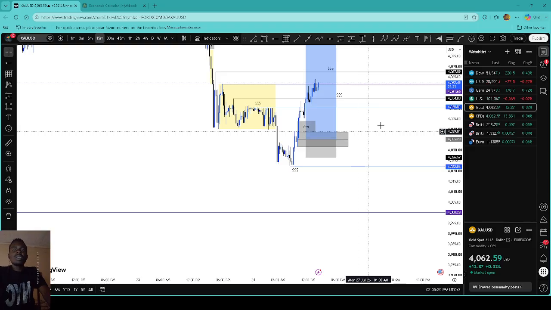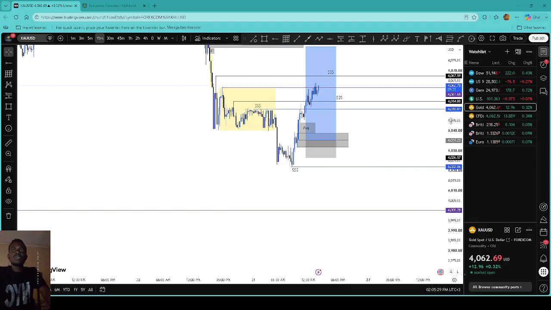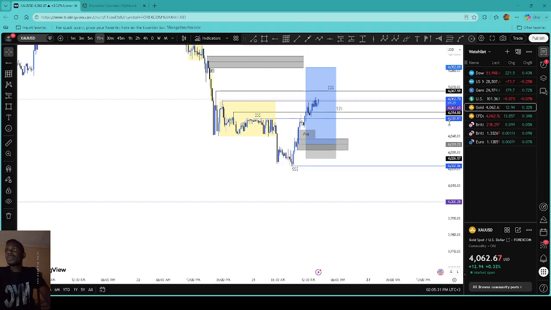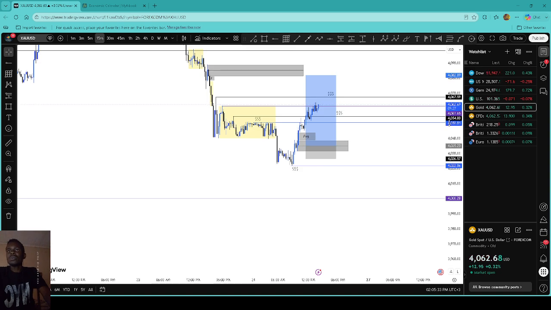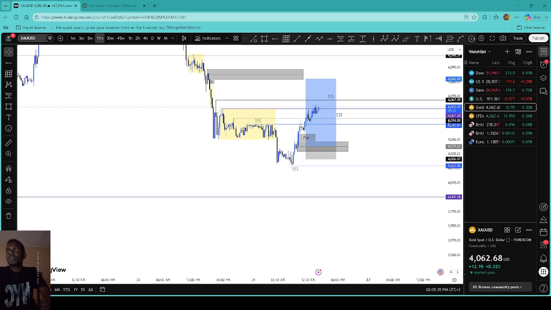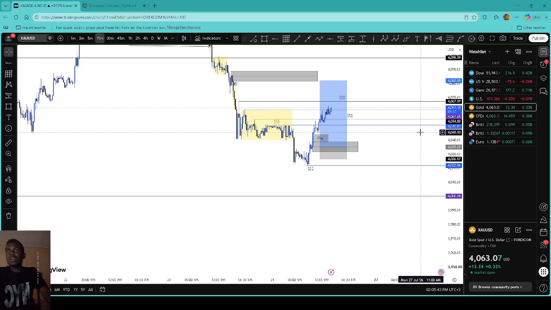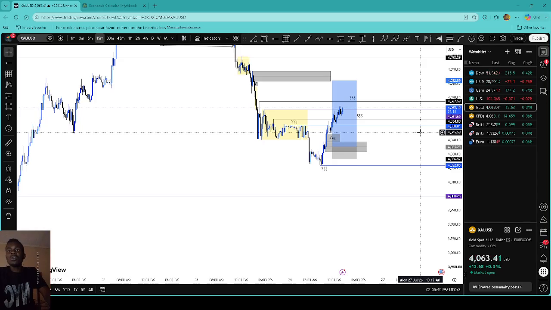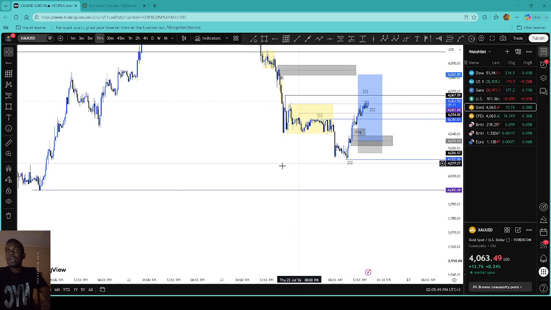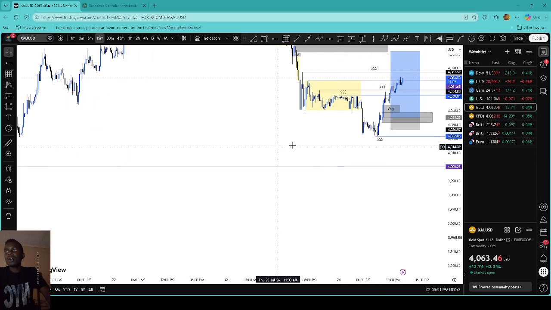Now if you see an order block in the higher time frame, it helps you understand it better in a lower time frame when you are refining your order blocks. But I prefer you first start by looking at your higher time frame bias before coming to lower time frames, in order for you to mark your order blocks on the higher time frame and refine them to the 15 minutes time frame.